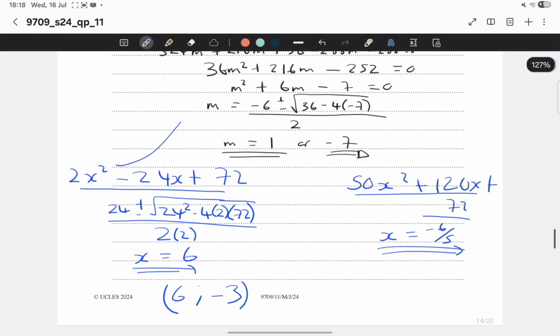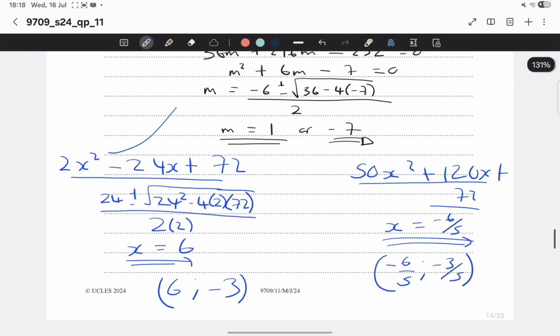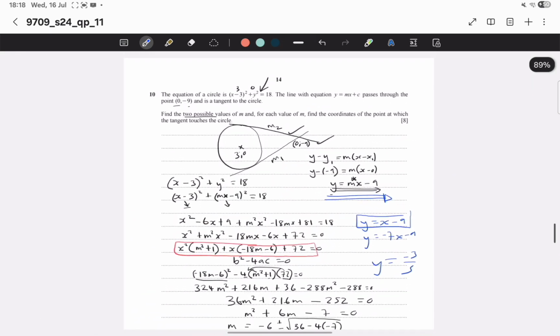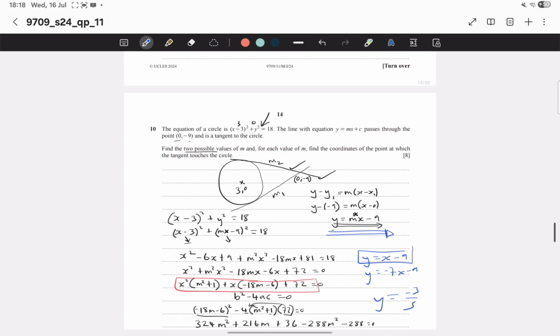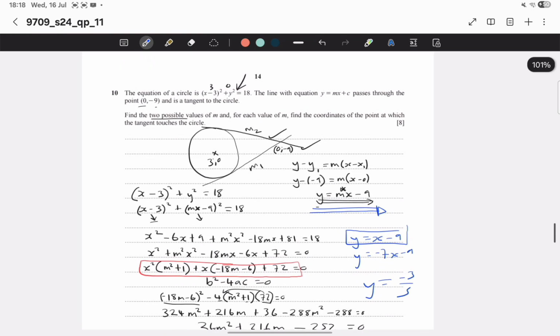So this point will be (−6/5, −3/5). And those are the coordinates at which these two tangents touch the circle. And that's it for number 10. Then you get your 8 marks.